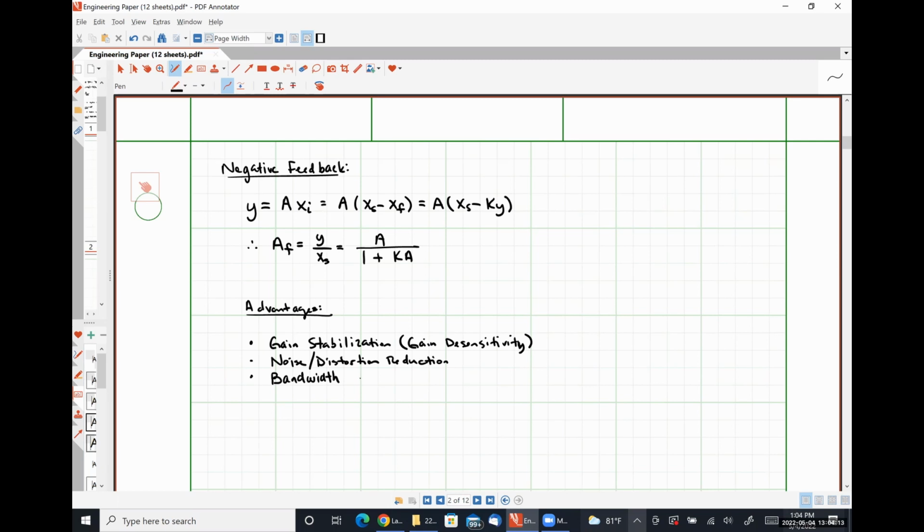We will observe bandwidth extension, meaning that our amplifier maintains its mid-band gain over a longer or larger range of frequencies at the cost of lowering what that mid-band gain is. We will observe input and output impedance modification.